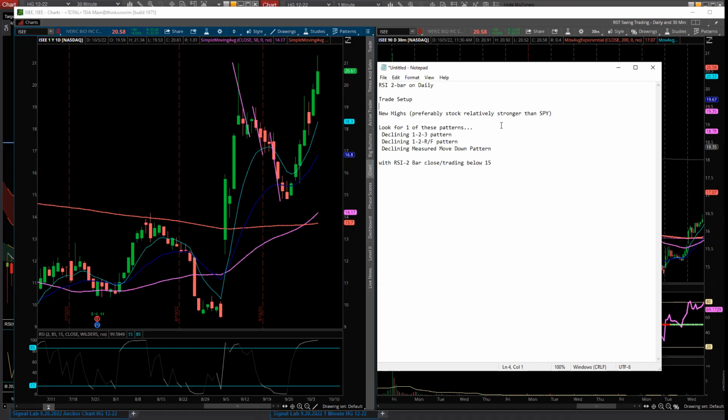So you look for new highs, and after new highs, look for one of these patterns, in confluence with the RSI. Does that make sense? So new high right here.